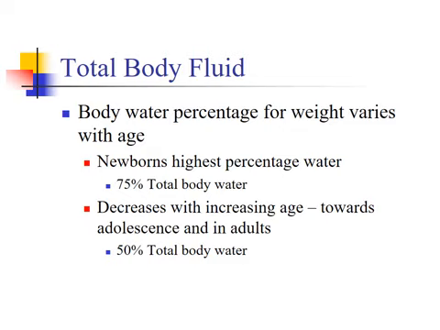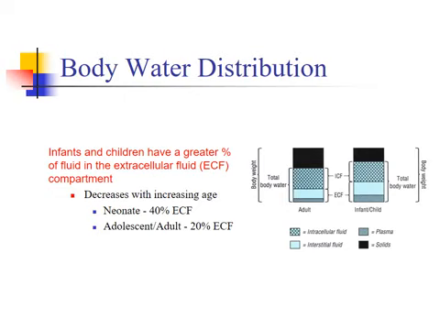Here's another slide showing body water distribution. And we do want to remember, and it's highlighted in red, that infants and children, especially young children, have a greater percentage of fluid in the extracellular compartment.